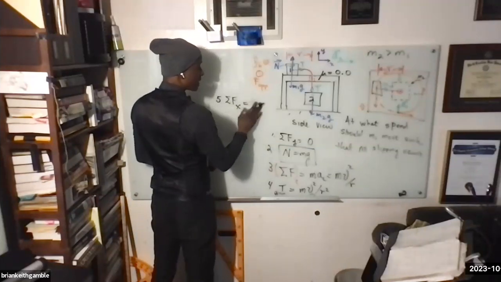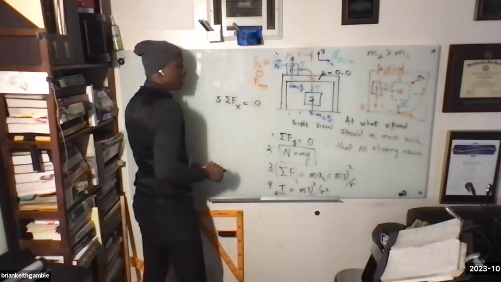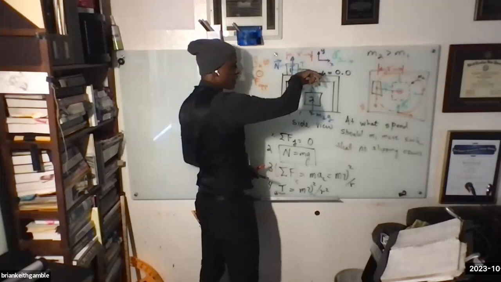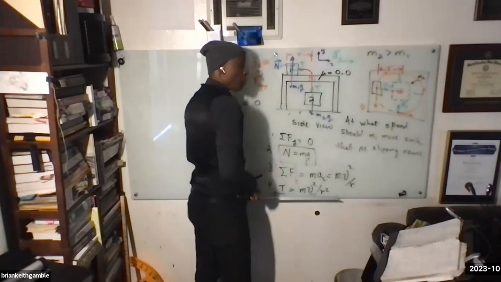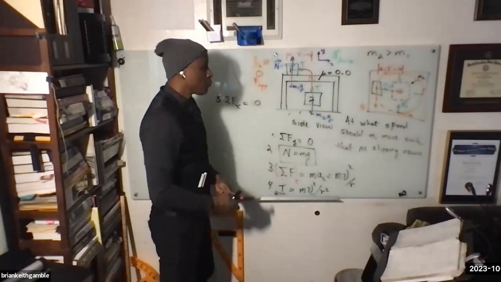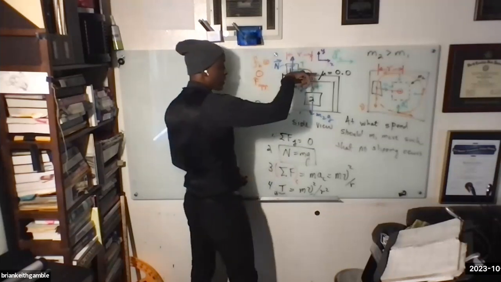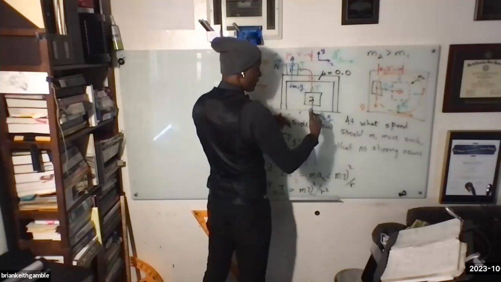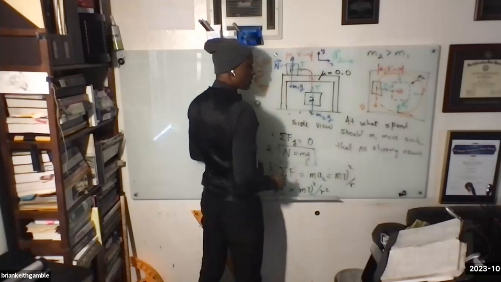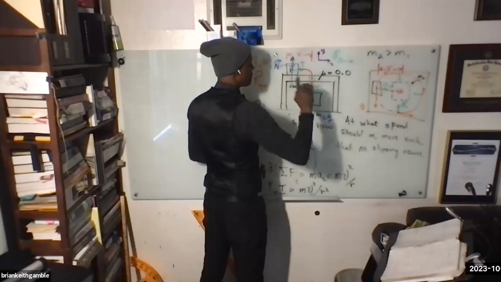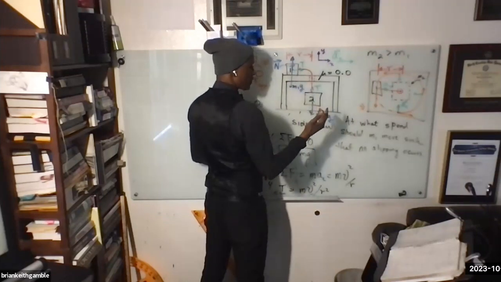Now you might think, this is another thing to think about. You might say, oh, well, you said there was an acceleration in the x direction in this direction, but there's no acceleration here. Okay, well, how does that jive? Well, it's because it's not a linear acceleration. If there were a linear acceleration, then stuff would have to be moving. It's a centripetal acceleration. And so the string is not moving toward the center of the circle.